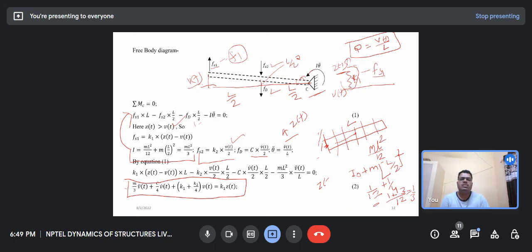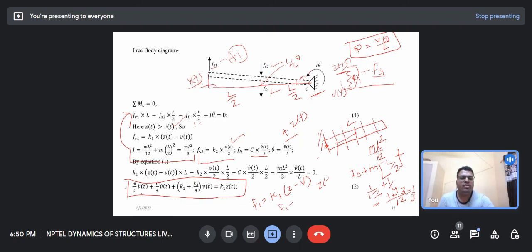So you can directly calculate your equation in terms of Vt. You can directly write F1 is equal to k1 into z minus v.